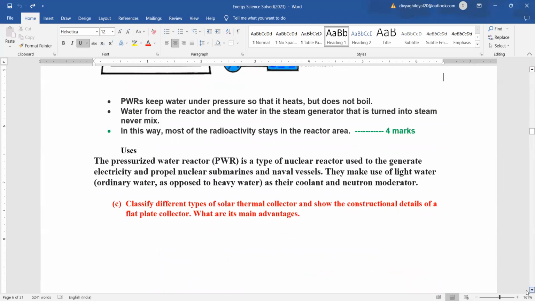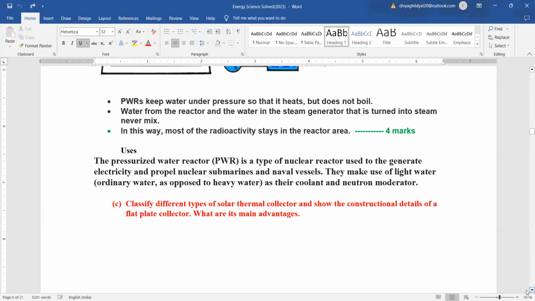You can also mention here that they make use of light water, ordinary water, as their coolant and neutron moderator.